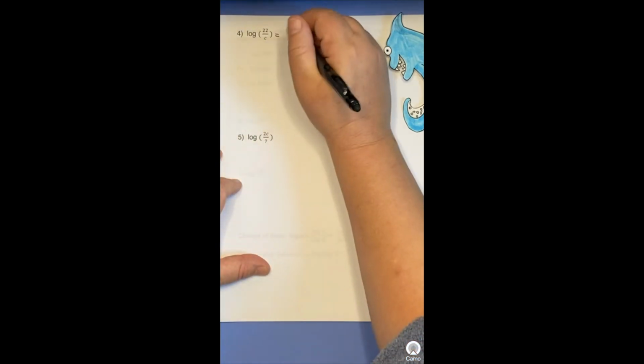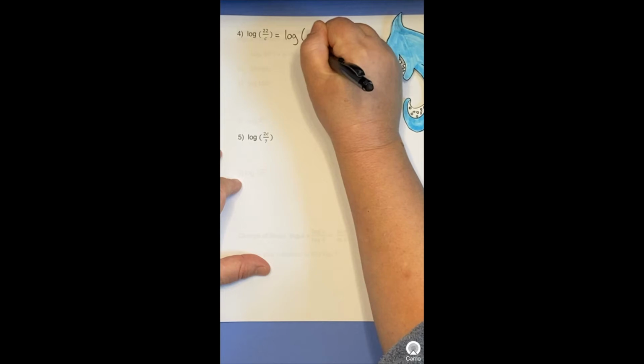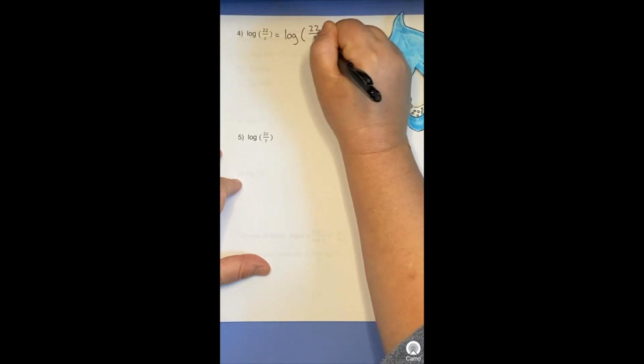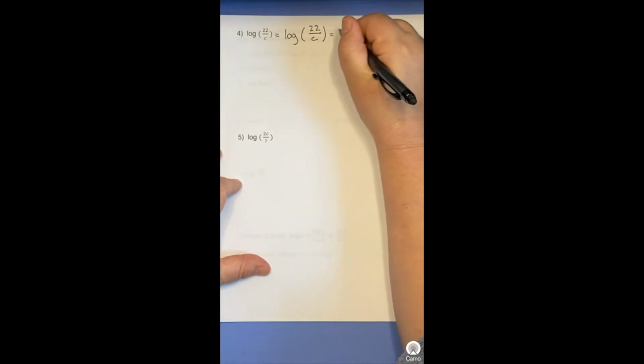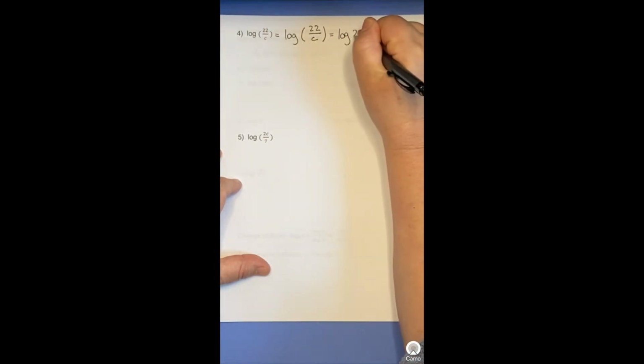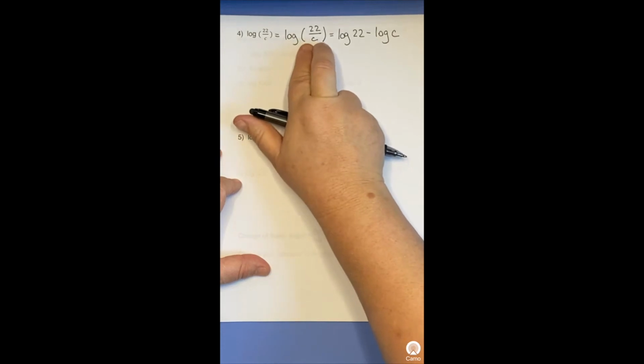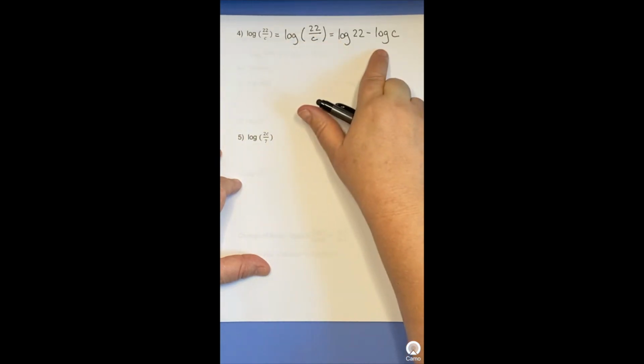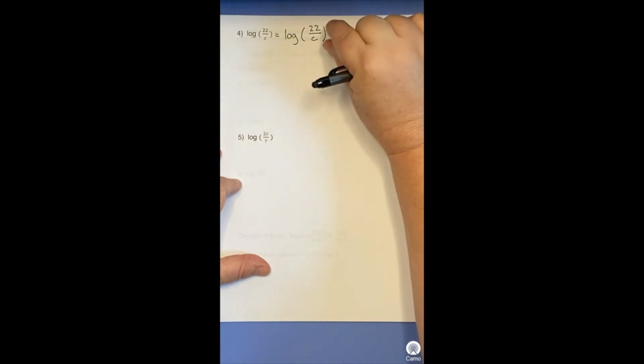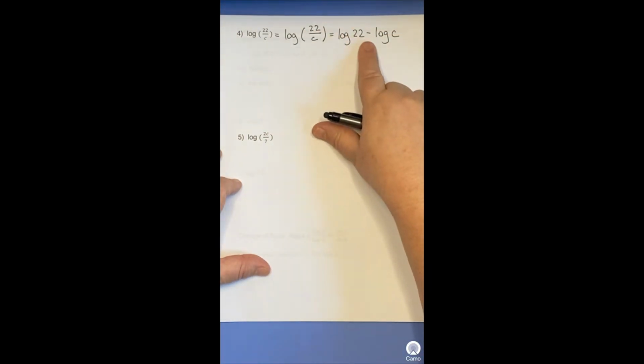So I've got the logarithm of the quotient, 22 over c, which is equal to log of 22 minus log of c. That kind of makes sense. When these two are multiplied, it's the sum. When it's the quotient, or they're divided, it's the difference, we're subtracting.